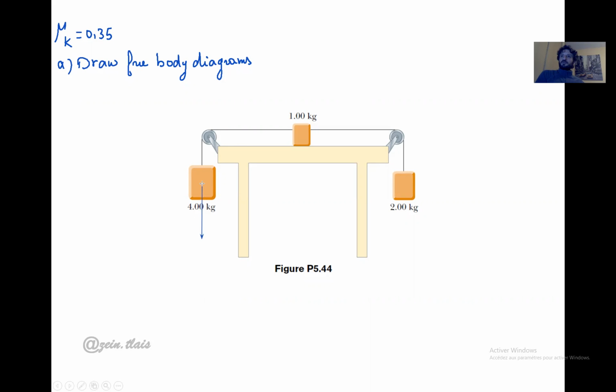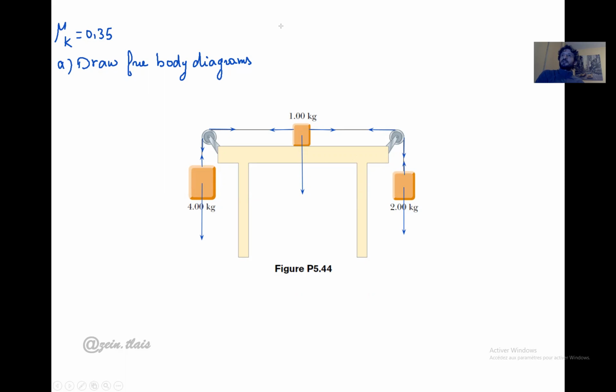Here we have M1, M2, M3. Of the tension, we have T up and T down on the pulley, one to the right and one to the left, and one to the left and one to the right. And here we have a tension up and down.